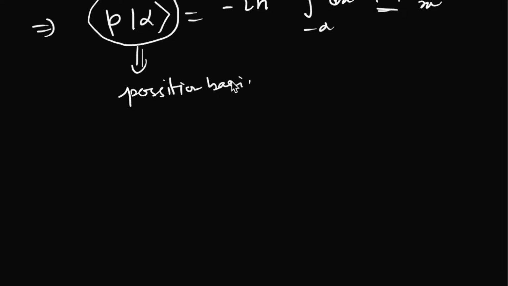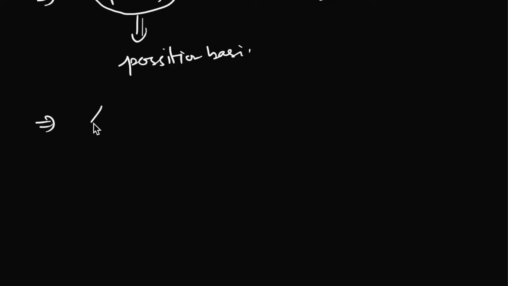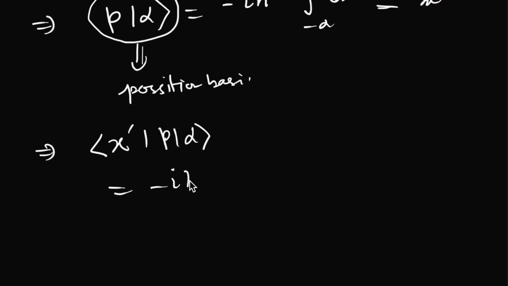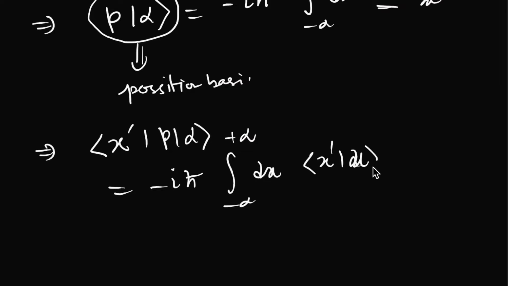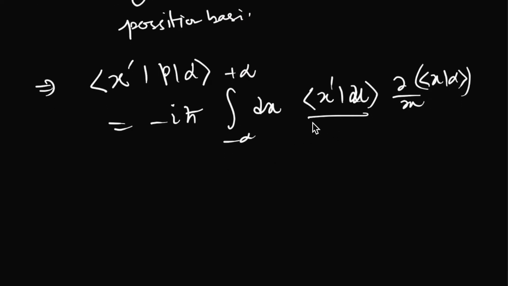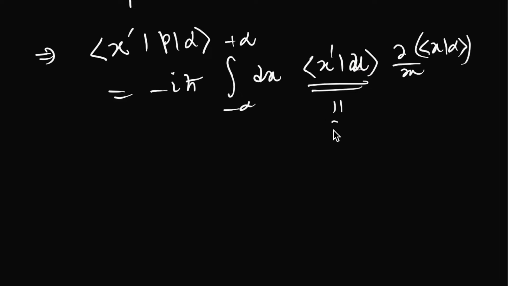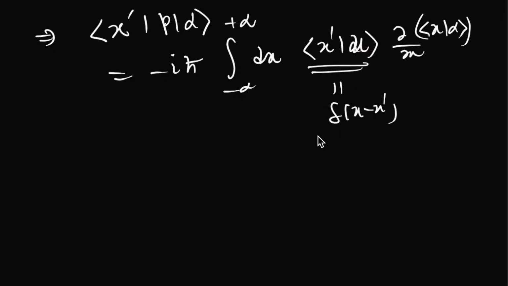Let us check that. <x prime|p|alpha> will be minus i h cut integral dx <x prime|x> del x <x|alpha>. From the orthonormality condition of the position basis, we know that <x prime|x> is equal to delta of x minus x prime.